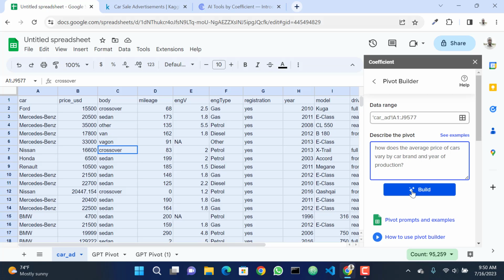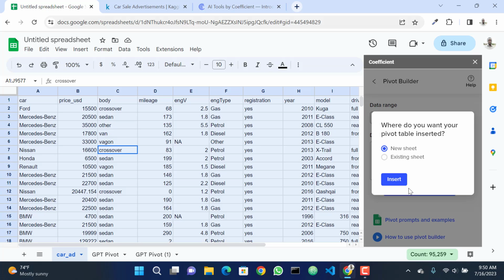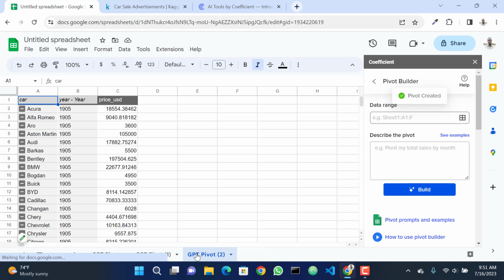Okay. So we tell it to insert, and we have our chart. So these are the cars by year and the price variation.